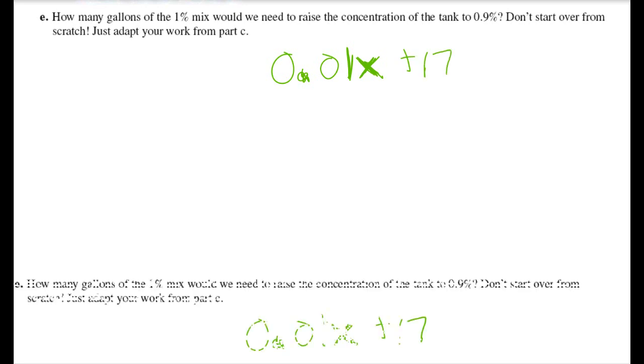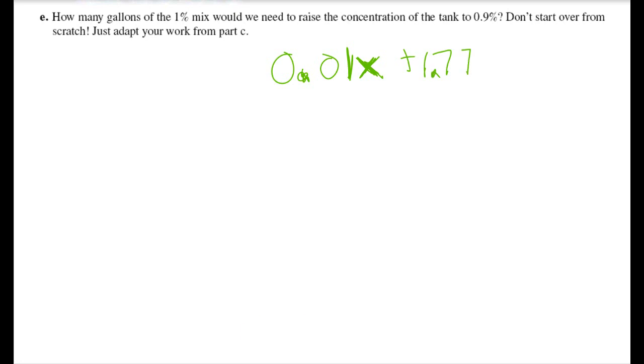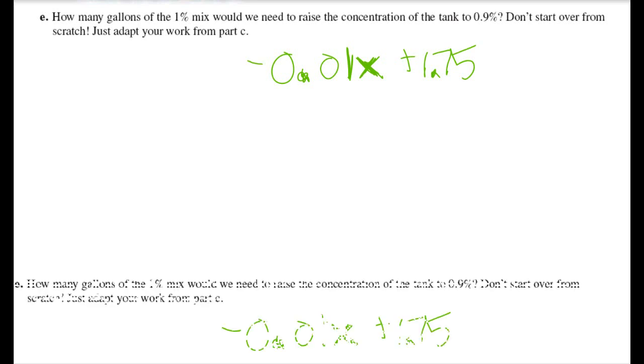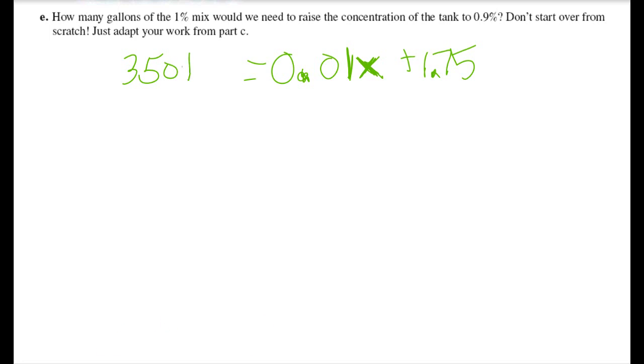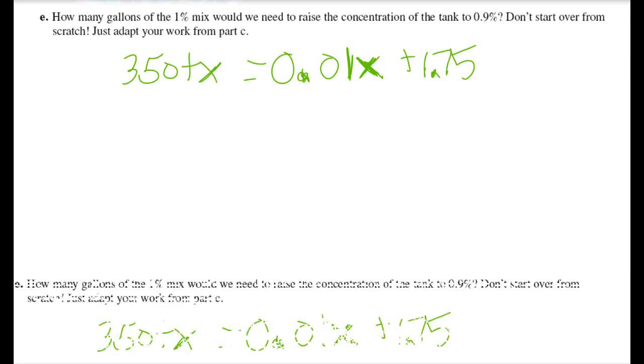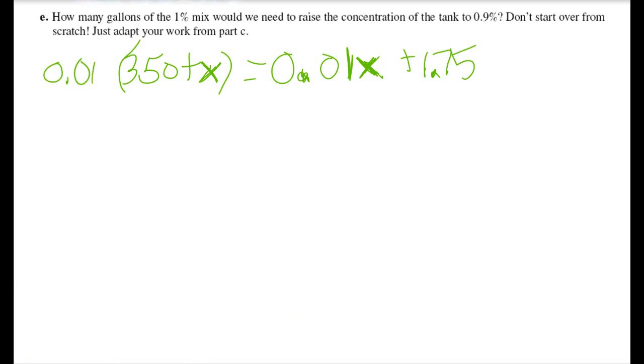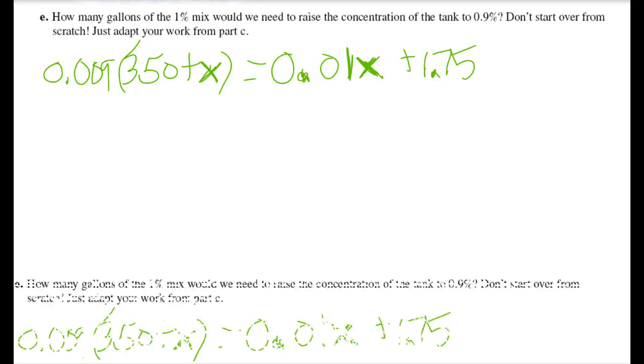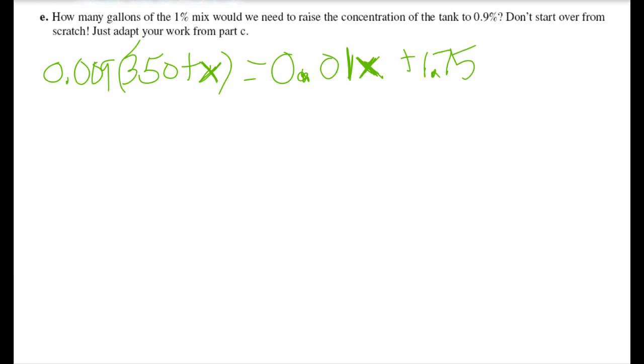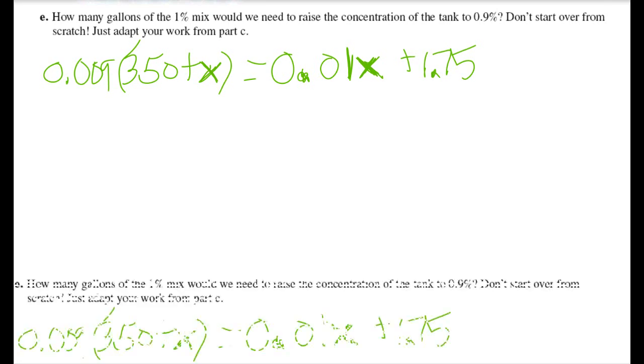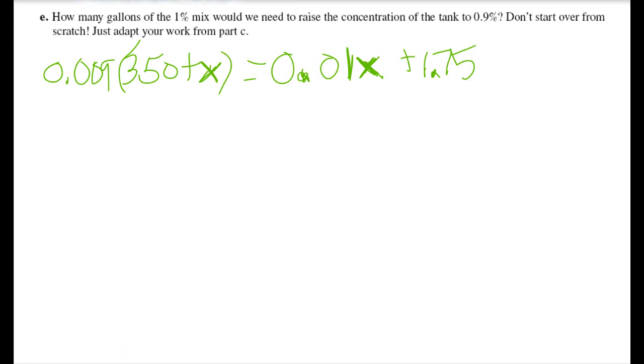We still have the same gallons. And we're still going to have 350 gallons plus x gallons as the final volume in our tank. We're going to multiply that times 0.009. Okay, so we're really using the same information. We're just now saying 0.009. So we don't have to start over from scratch.